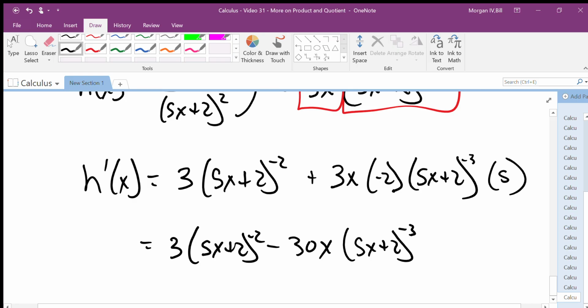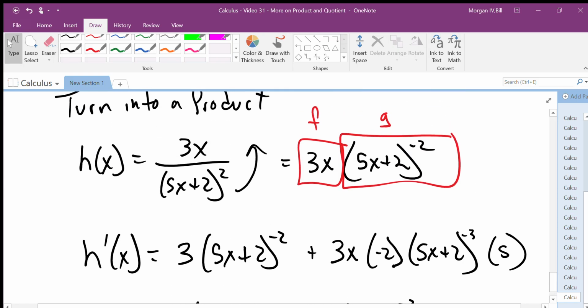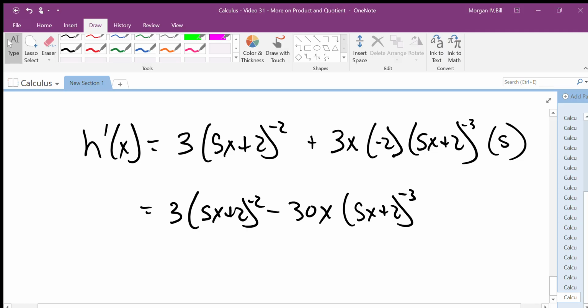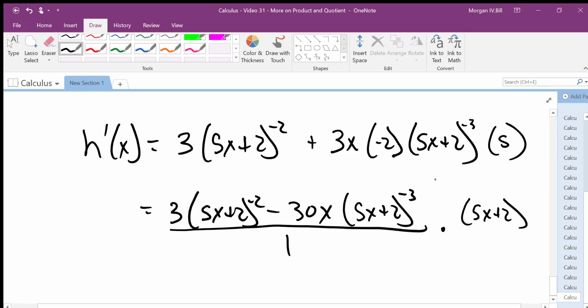It's correct. But if you want to show that it's the same thing as what we had up here, here's a nice trick we can do. We have negative exponents here in our expression. Let's put this over 1 and think of it as a fraction. Anytime you have negative exponents in your numerator, you can multiply by the same term with the same number, but positive. You choose the most negative one we have.